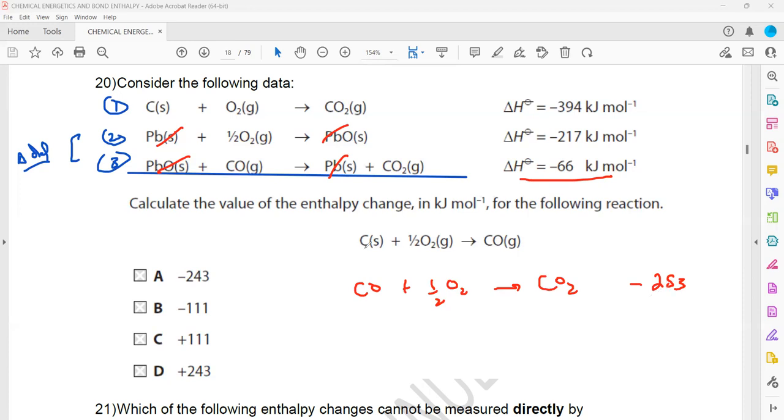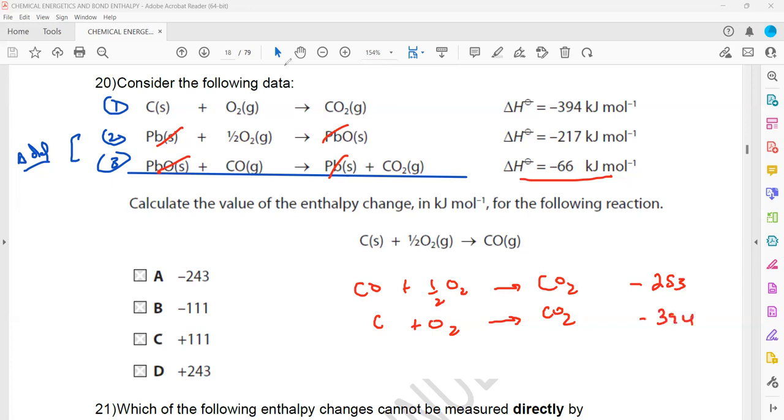So this is by adding 2 and 3. Then this is the first equation in which carbon plus oxygen gives carbon dioxide, and the energy change is minus 394.